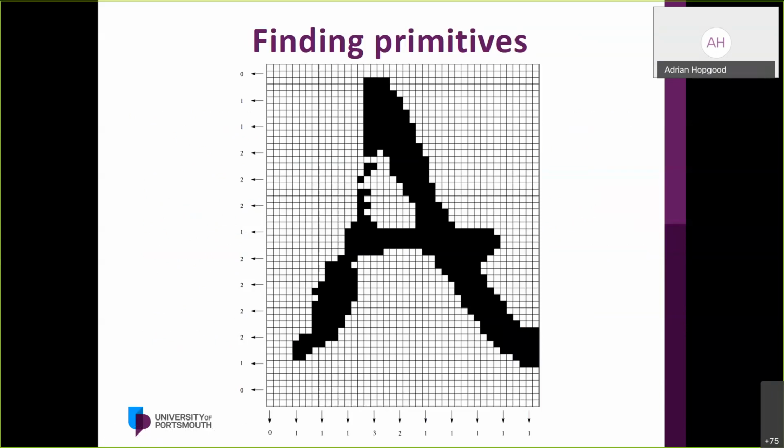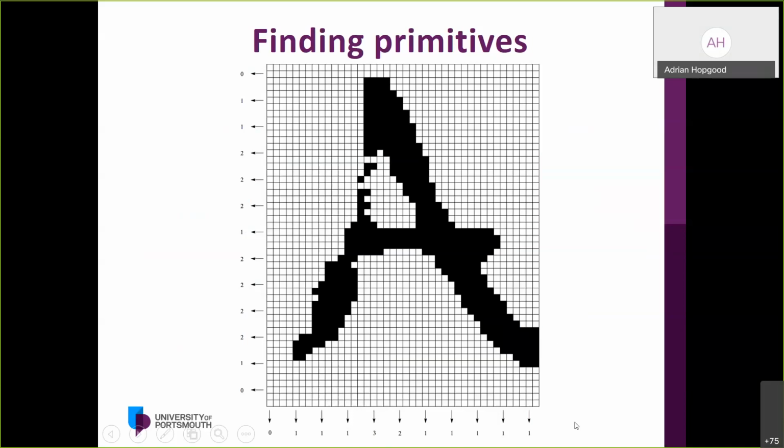So what I've done in this example, the multi-layered perceptron example, is to pick out the primitives using a particular well-established technique, which is to scan the character, this is character A, both horizontally and vertically, and count the number of black to white transitions. And that gives me this set of numbers down the left-hand side and across the bottom. The number of black to white transitions as I scan that bitmap.